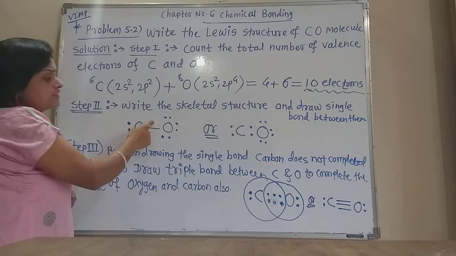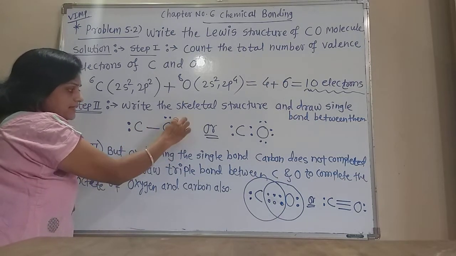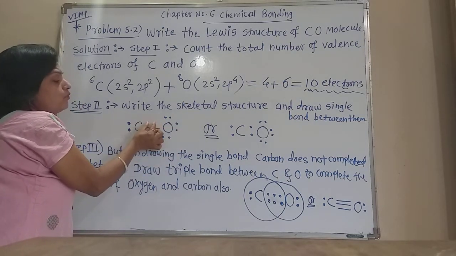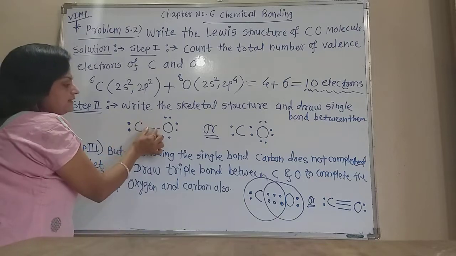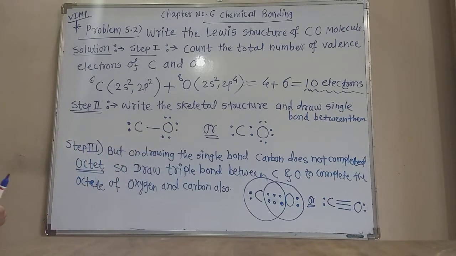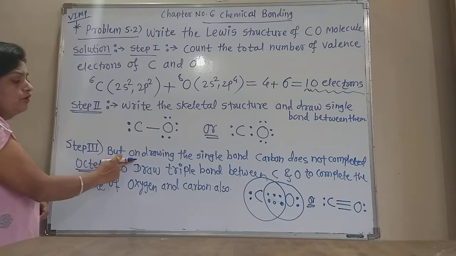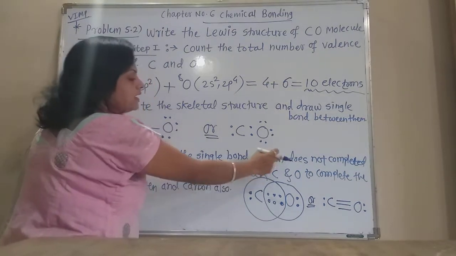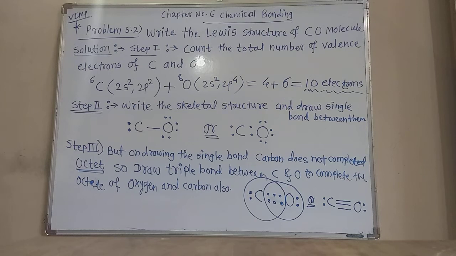And oxygen also, if we put these two pairs as bonds, that means there is a triple bond, so oxygen also completes its octet. On drawing the single bond, carbon does not complete the octet, so we draw the triple bond between carbon and oxygen so that both complete the octet.